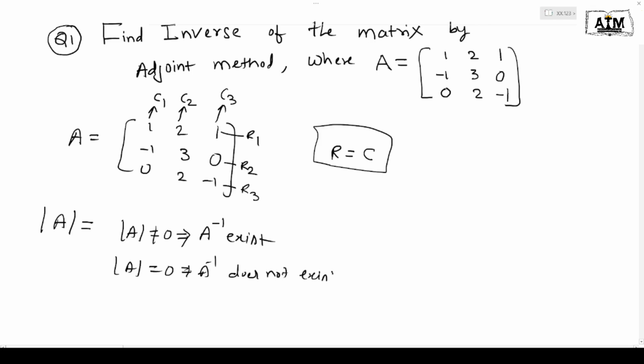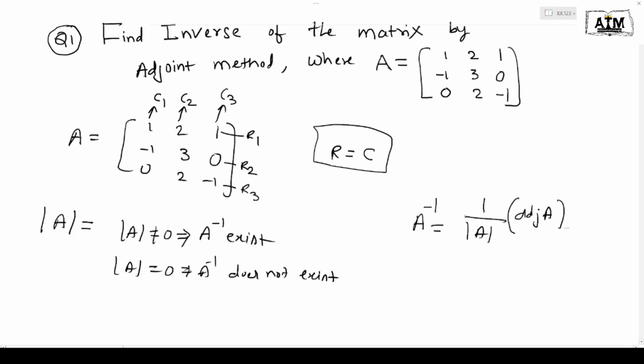Therefore, prior to starting the solution, first find the determinant and be sure that the determinant of the matrix is not equal to 0. Only then can you proceed, otherwise you have to stop there itself.